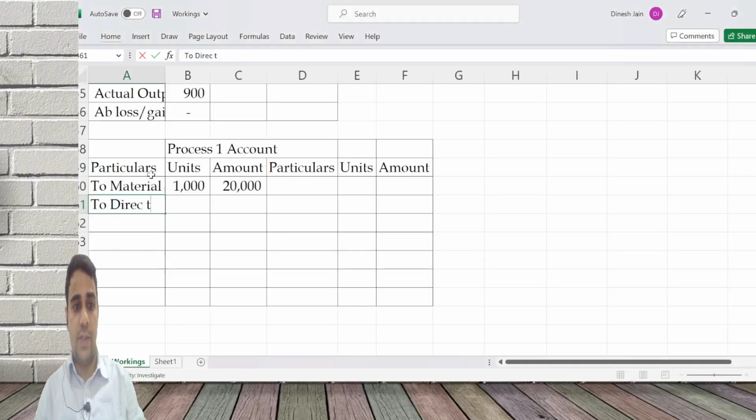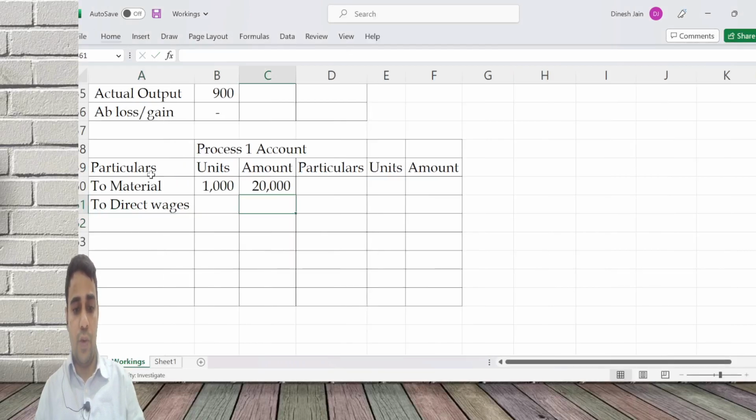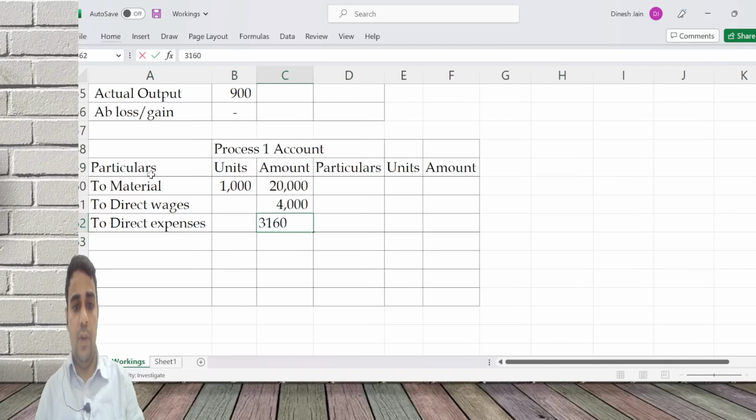To direct wages, 4,000. To direct expenses, 3160.